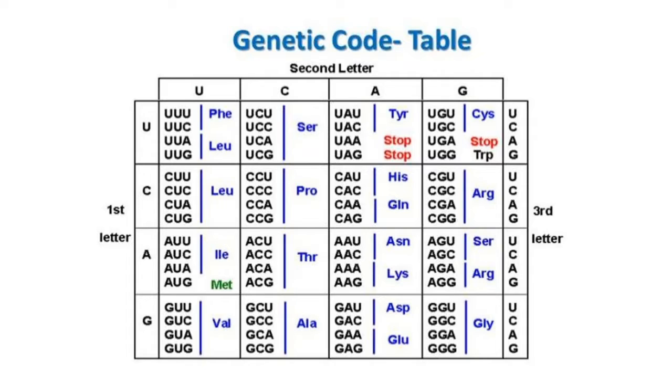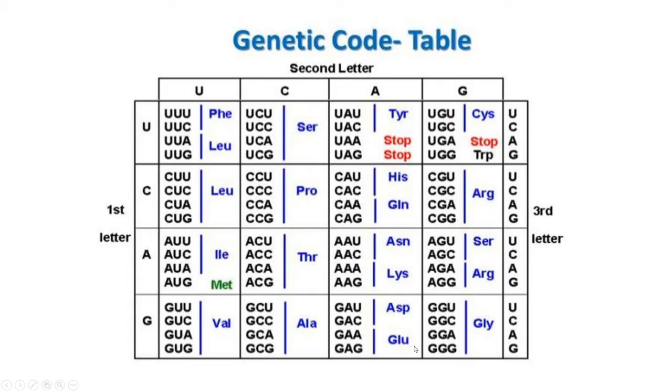So this is the genetic code. The first letter U, C, A, G, the second letter U, C, A, G. So here you can see for this one the first letter is U, the second letter is U, and the third letter is U here. For this one the first letter is U, the second letter is U, the third letter is C. So this becomes UUC.